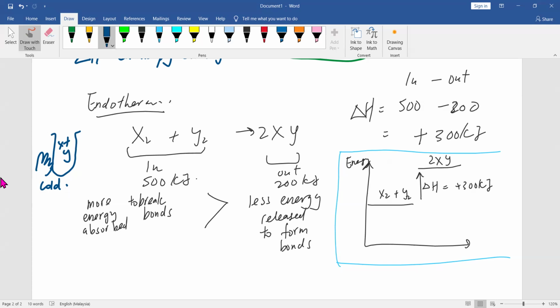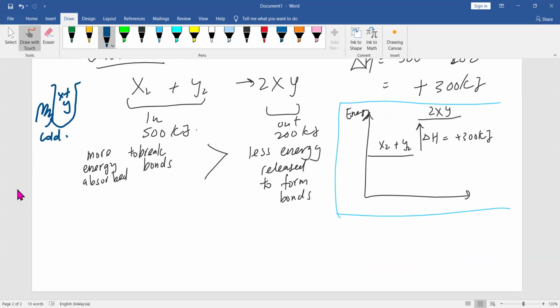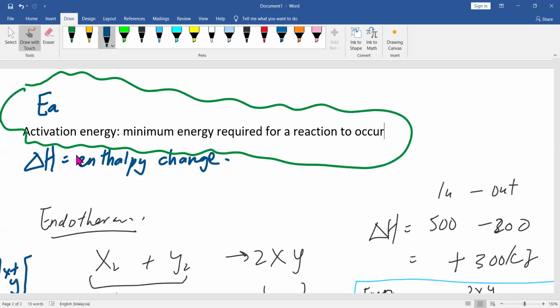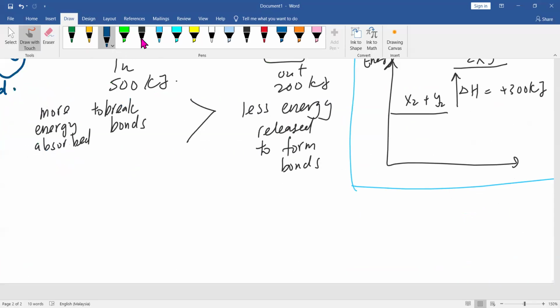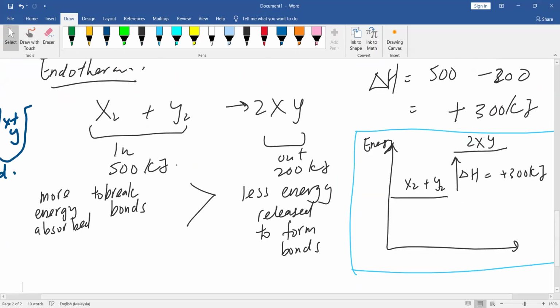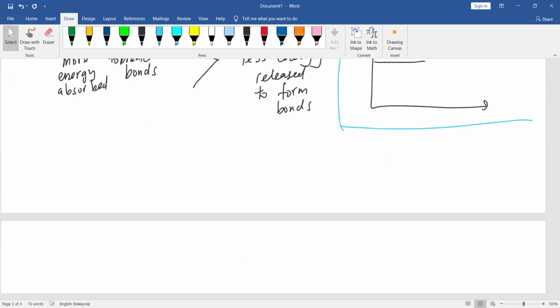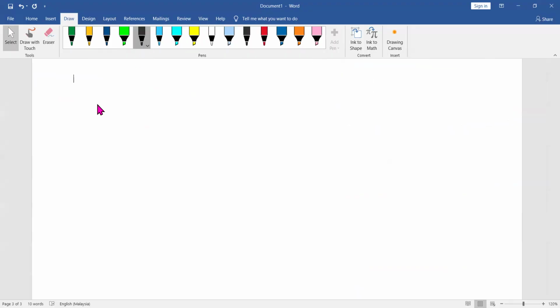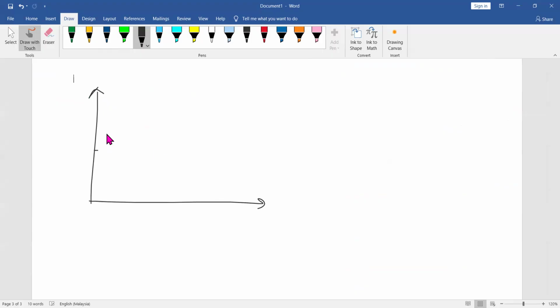Okay, so this one will be very simple lah. It will just be like this. Okay, so I start with x2 plus y2. Okay, my energy in will be more.